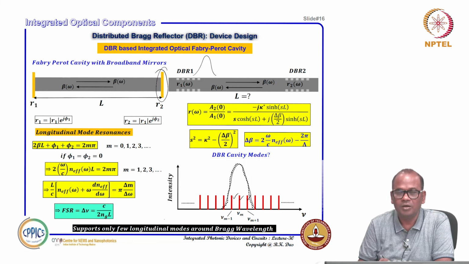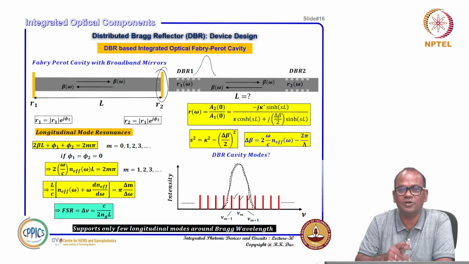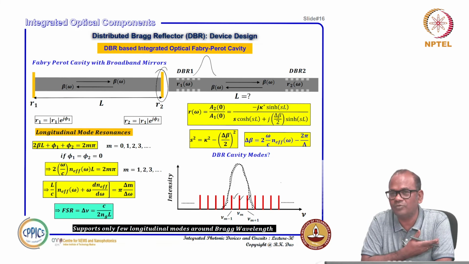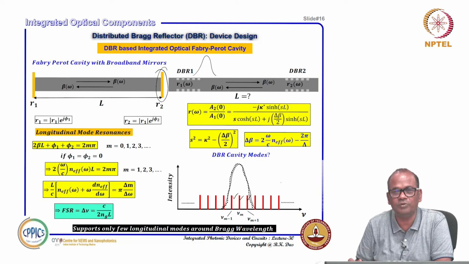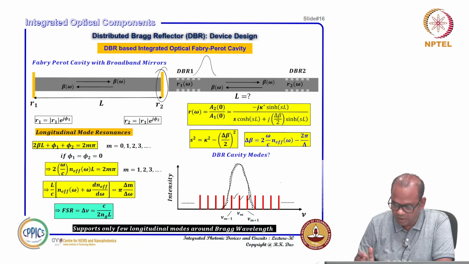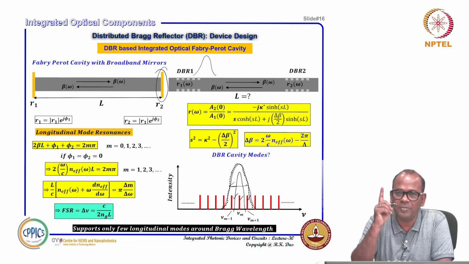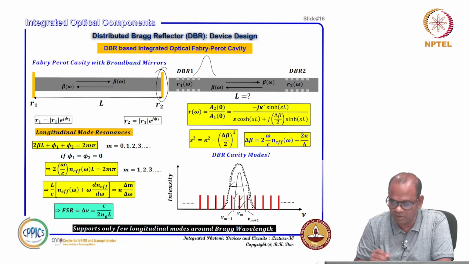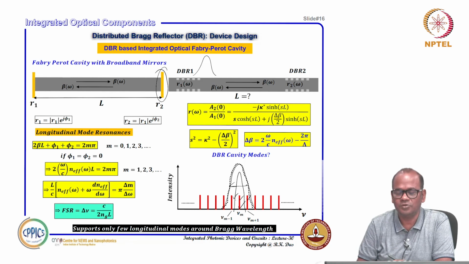Other modes, since the mirror is not giving any positive feedback reflection, will not be resonant; you will get something like a simple waveguide. If you have a relatively narrower bandwidth such that you get something like this, then you can filter only a particular longitudinal mode. So, that is beautiful.